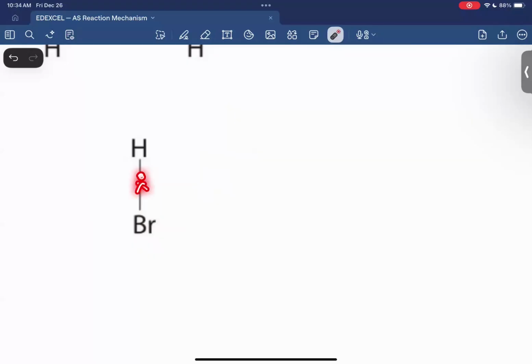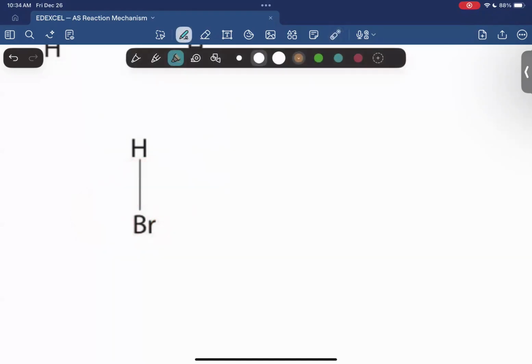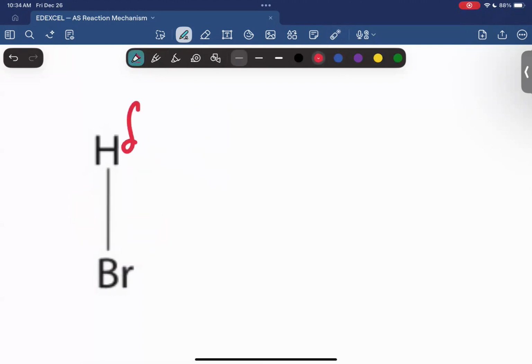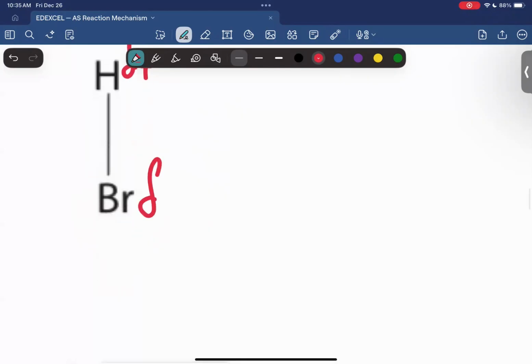So, as the electron is pulled towards bromine, this hydrogen attains a partial positive charge and this bromine attains a partial negative charge.